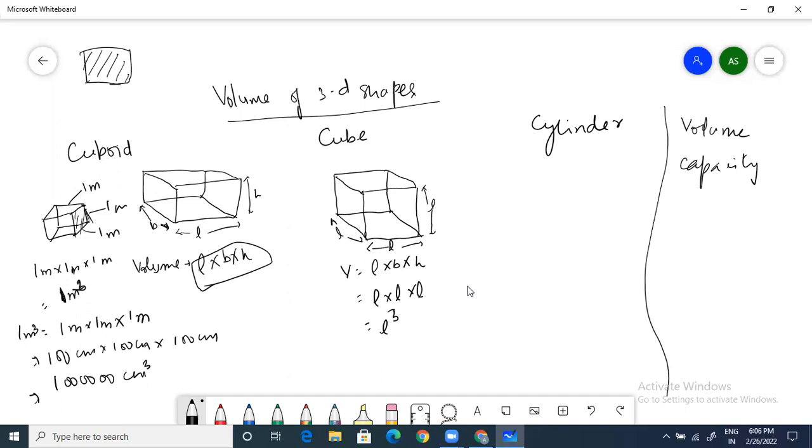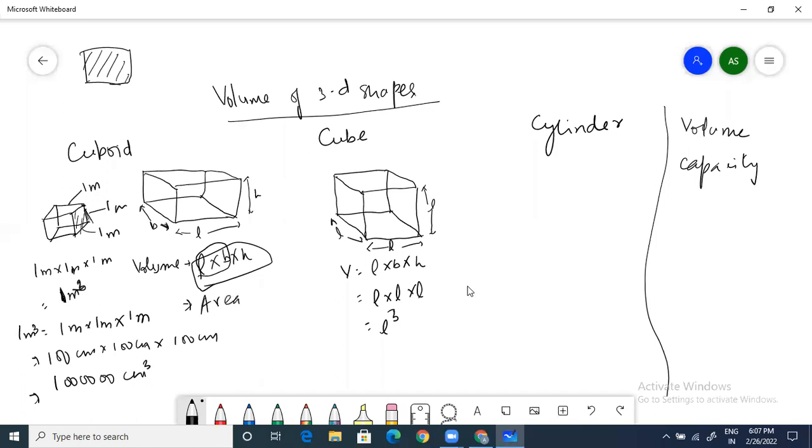Now notice one more thing. This volume is equal to L into B into H, and we already know that the area of this rectangle is always L into B. So L into B is actually the area of this base, into the height.